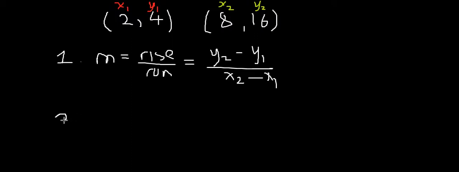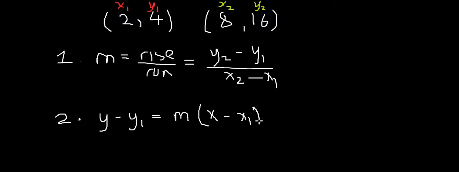The second step will be to turn that into an equation. So we can use this one: y minus y1 equals m times x minus x1. Our y1 will be over here, and that'll come from up there, and that'll go into there.